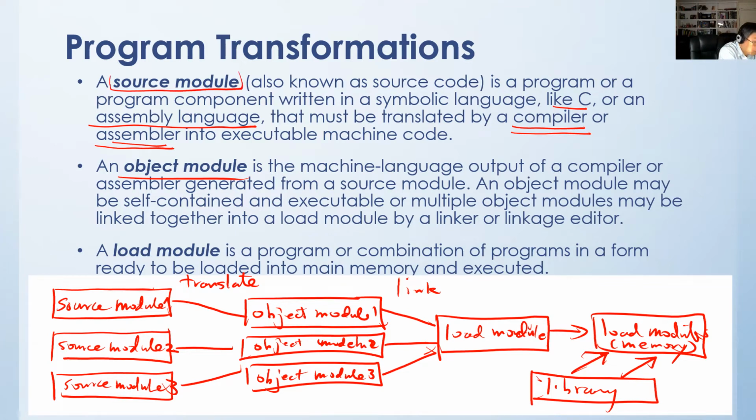One is the source module, which is a program written in symbolic language. After we compile the source module, it is translated into the object module, and then after we link the object modules, it becomes the load module. The load module is the final code that we can directly load into the computer system.